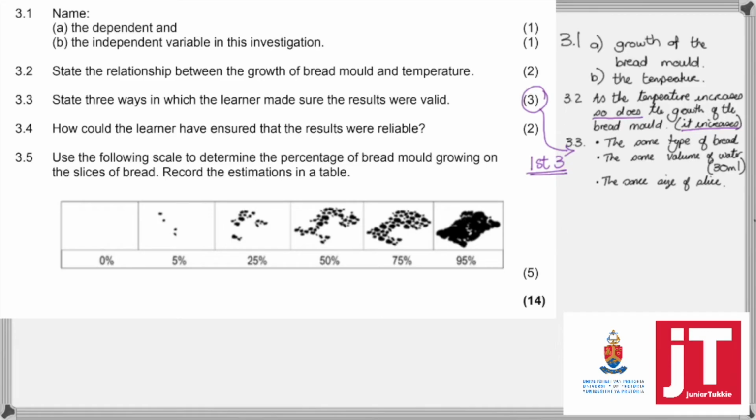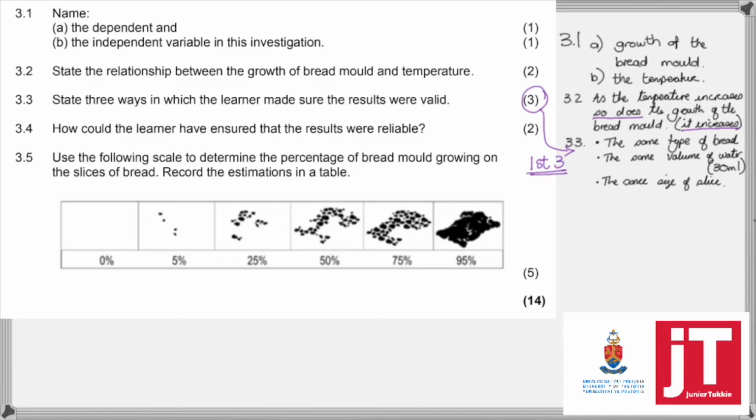So in other words, we made sure that because it's the same loaf of bread, there wasn't an old slice and a fresh slice. You can see 3.3 is for 3 marks, so we're only going to write down our best 3 options, because the memorandum would have said to the marker, mark the first 3 answers. So make sure the first 3 you write down are your best 3 in ensuring the validity.